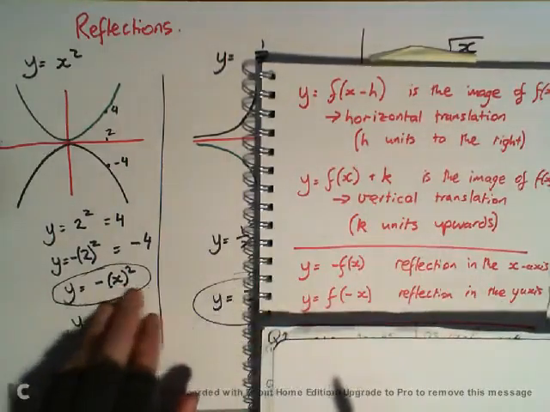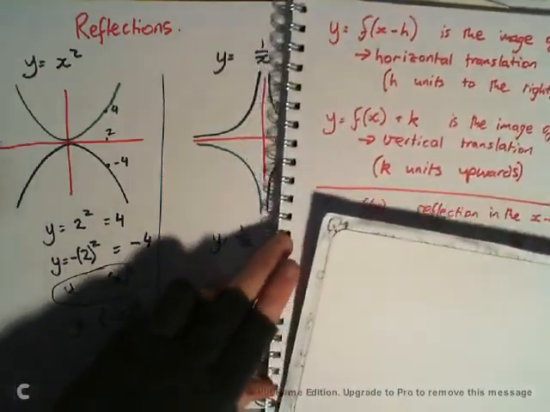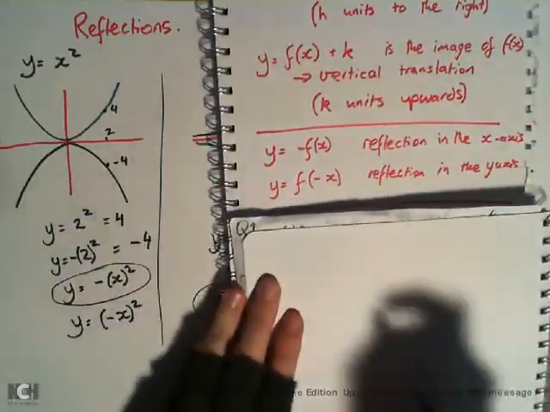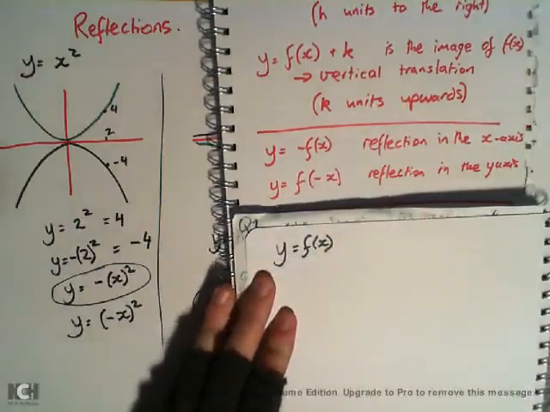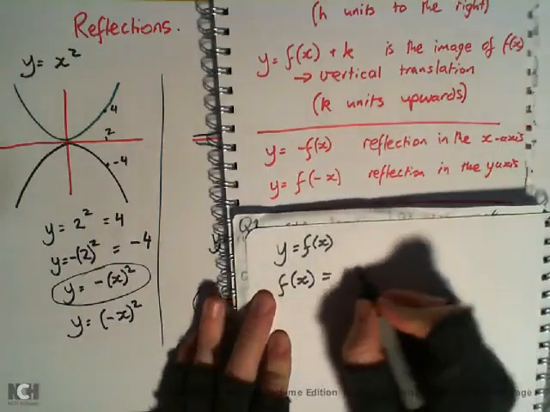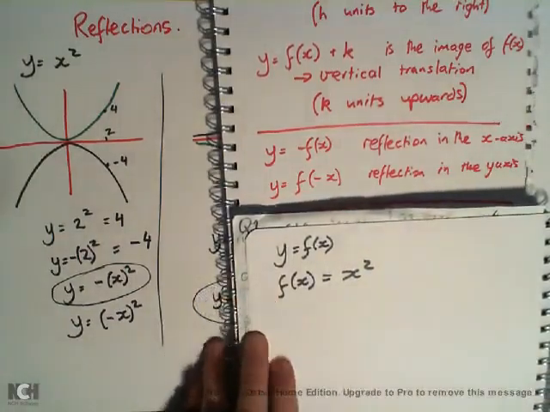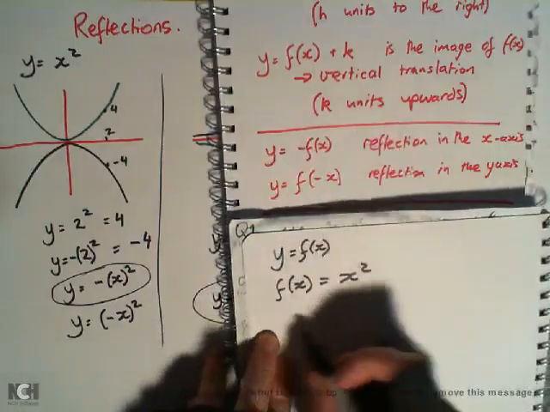That's this one here. So f of x equals x squared. Now I want a reflection in the x-axis, so using this, it's minus f of x.